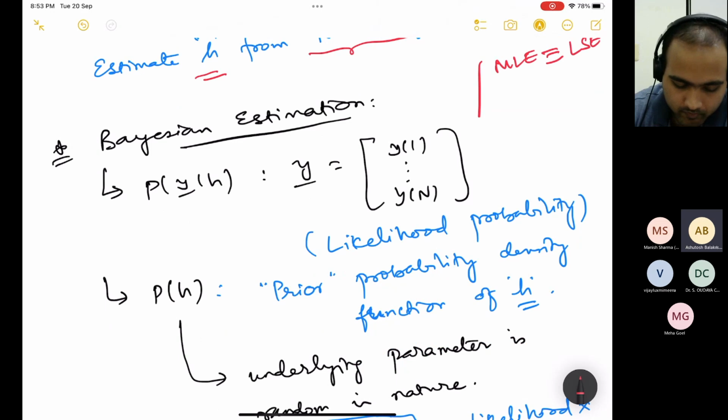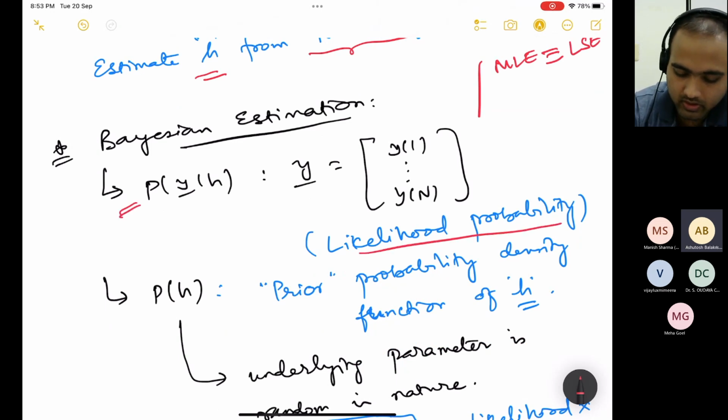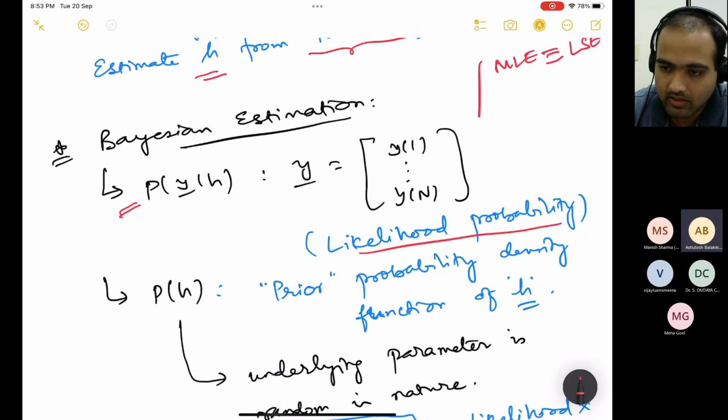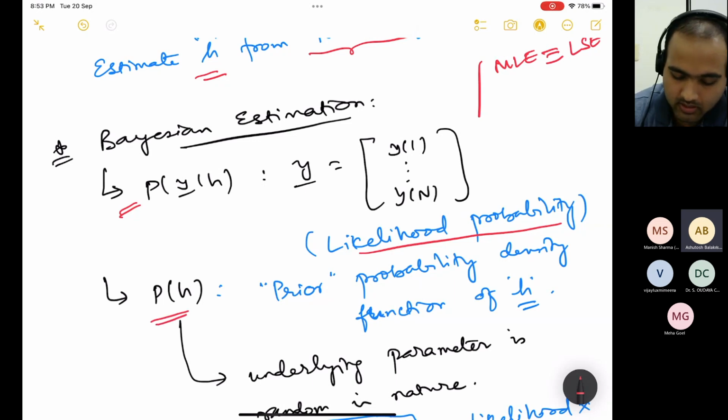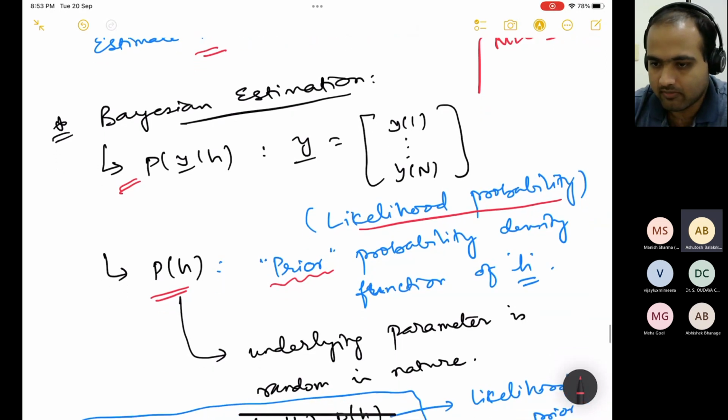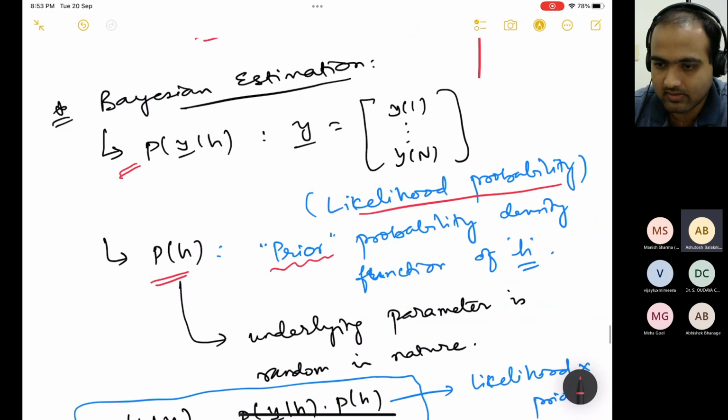But now, we still have our likelihood probability, that is the probability of the vector y, my observation, given the parameter h. But now we have an additional term which is the probability of h itself, right? And this probability of h is called the prior probability, the prior PDF, which exists.